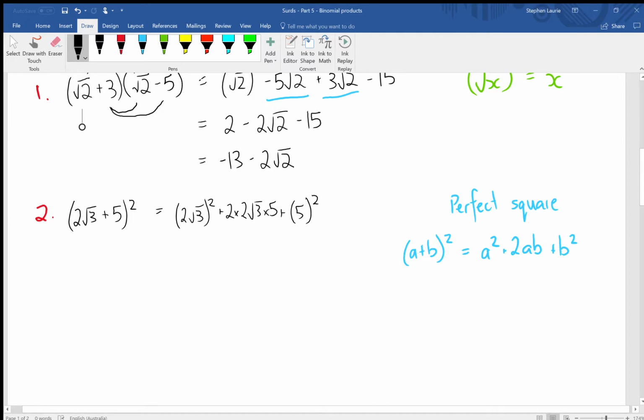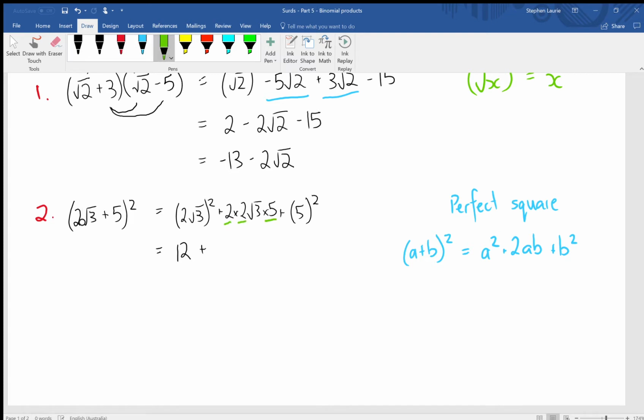Okay, let's look at the first bit. 2 root 3 all squared. Well, that's just 2 squared, which is 4, and root 3 squared, which is 3. 4 lots of 3 are 12. In the middle, 2 times 2 times 5, so just focusing on the numbers, 2 times 2 times 5 gives us 20 root 3.